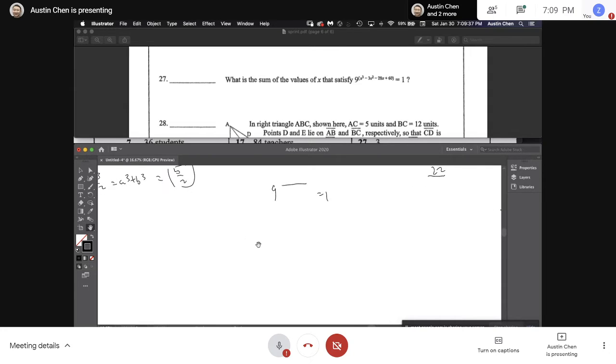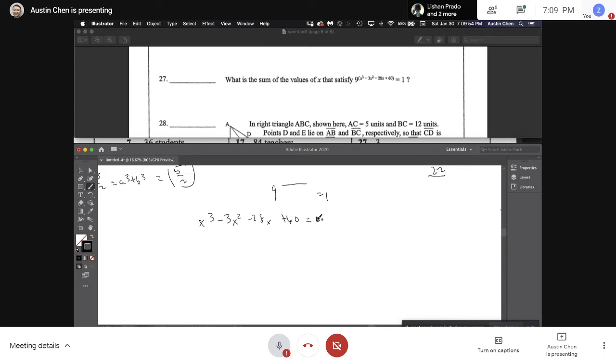Yeah, it has to be 0. Those are the only values for which 9 to the power of that will equal 1. So then, because this is the power, we just want this to equal 0.